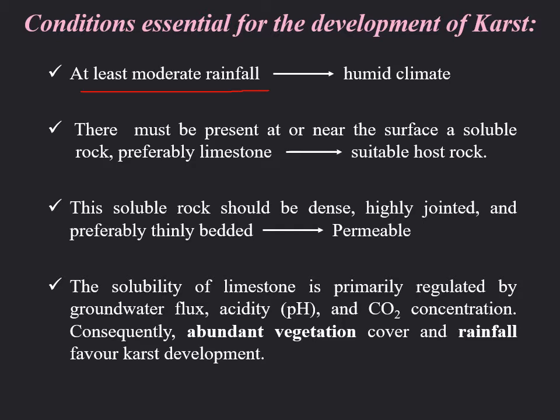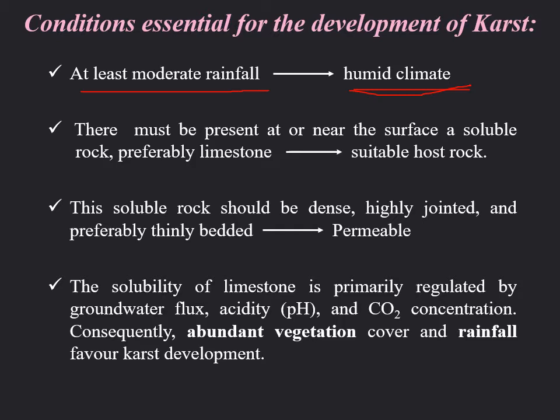That means there should be ample supply of precipitation so that the atmospheric water vapor comes to the earth's surface, and during its journey it already reacts with the atmospheric polluted gases and thereby forms mild acids so that they can react with the exposed carbonate rocks of the earth's surface. So the area must have a humid climate where precipitation can occur in a sufficient amount.